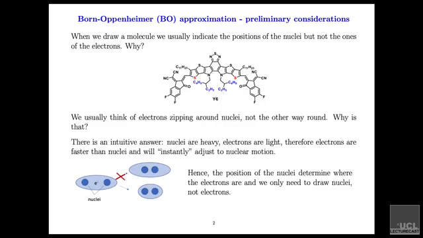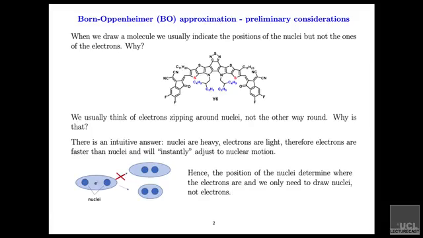It's an n-type semiconducting material in one of the best organic solar cells to date. Now, we usually think of electrons zipping around the nuclei, not the nuclei zipping around the electrons. So why is that?